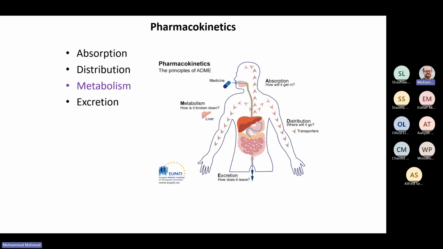That means the time it takes for half of the medication, 50% of the medication, to be processed and eliminated from the body. Say, for example, I have taken my medication at 7 a.m. in the morning, and its half-life is 2 hours. So every 2 hours, 50% of that medication is excreted, going out of my body. That is called half-life.